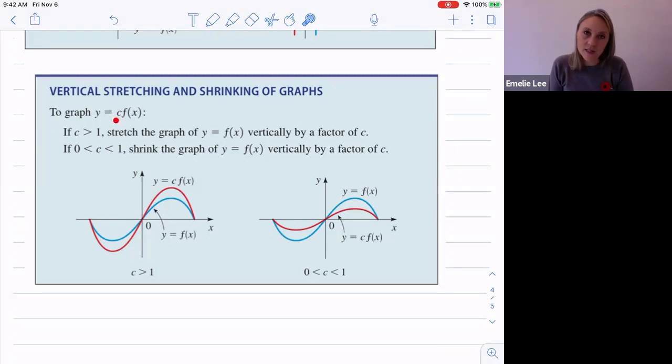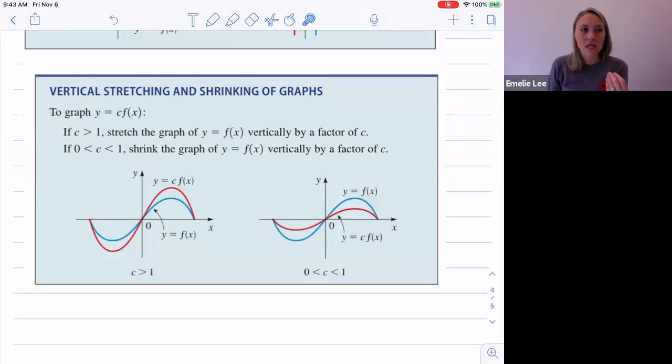If we have c is 2, for example, then our y goes from 1 to 2, right? So I would say that vertically, again, for stretching and shrinking, if you're multiplying by some value of c larger than 1, then you stretch the graph. And then if I tell you, okay, now y is going to be 1/2 y, well, then you shrink it down, right, by 1/2.